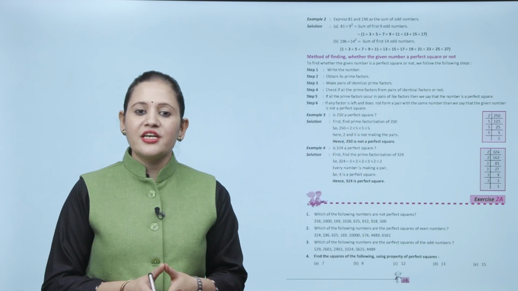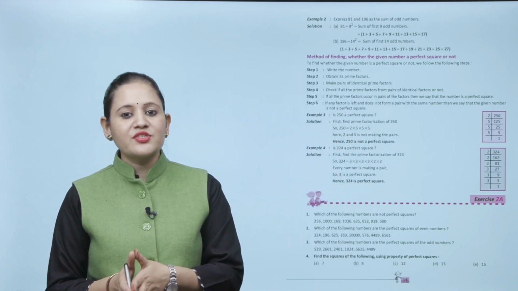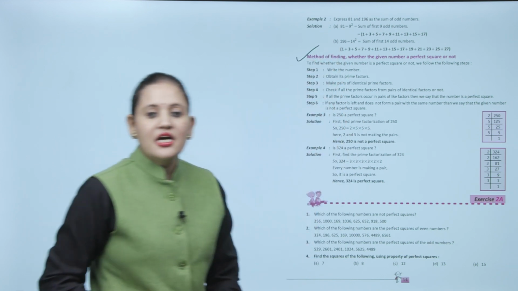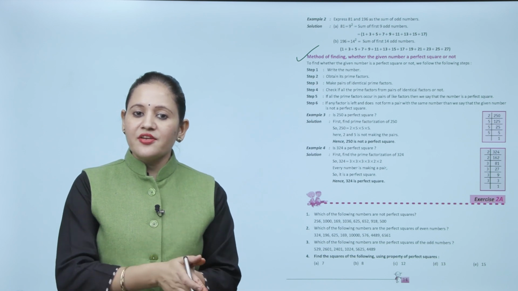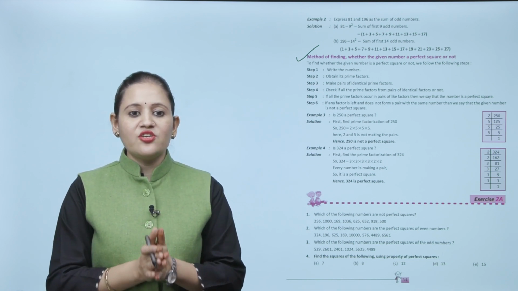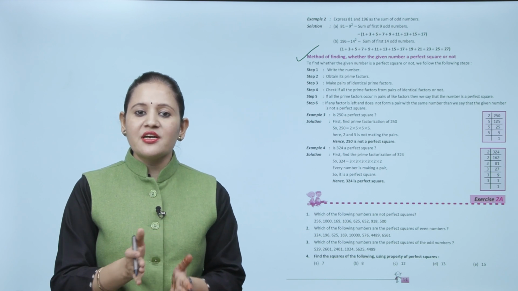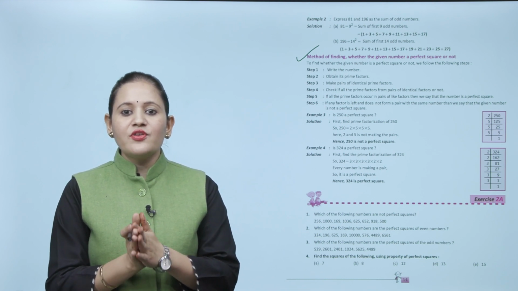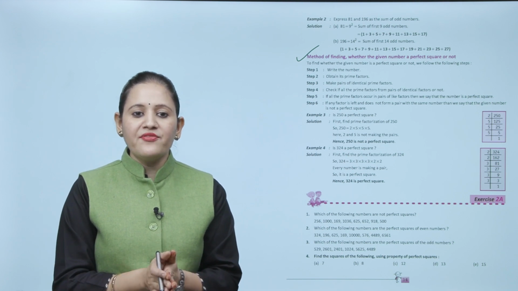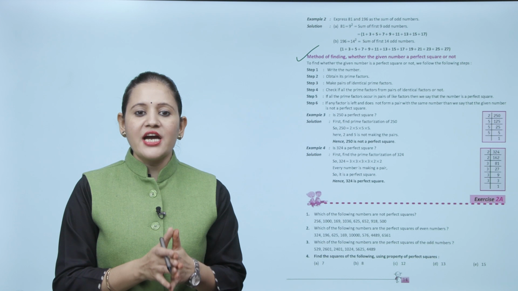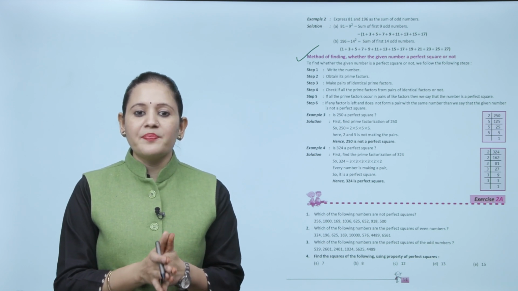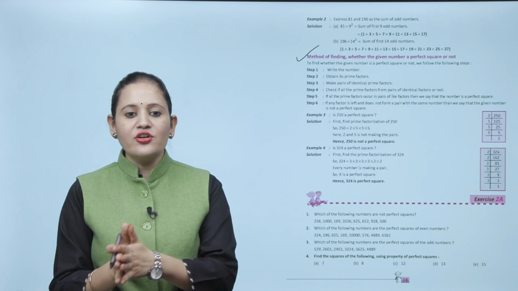Next is the method of finding whether the given number is a perfect square or not. How will we check whether the given number is a perfect square or not? There are certain steps which we need to follow. Step number 1: write the number, obtain the prime factors, make pairs of identical prime factors, and check if all the prime factors occur in pairs.